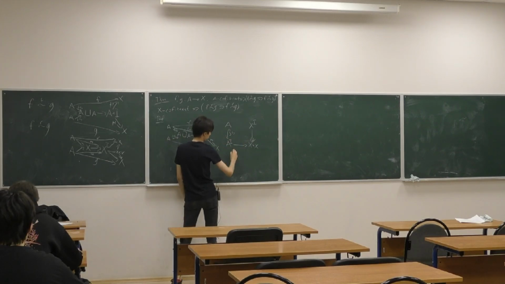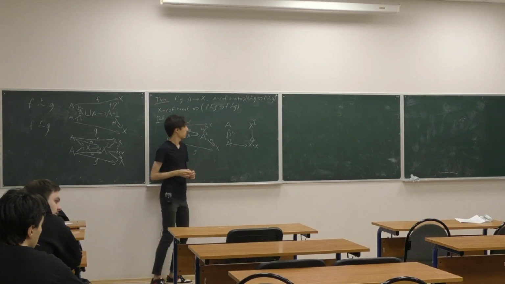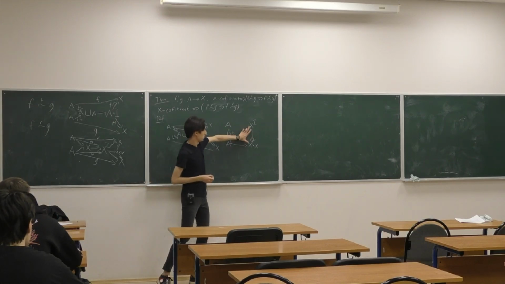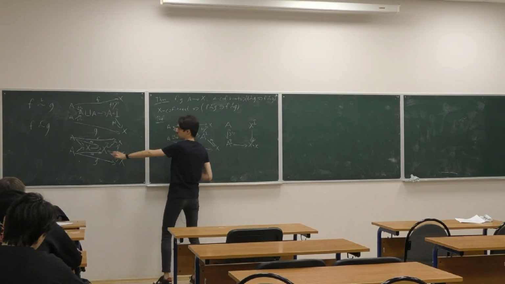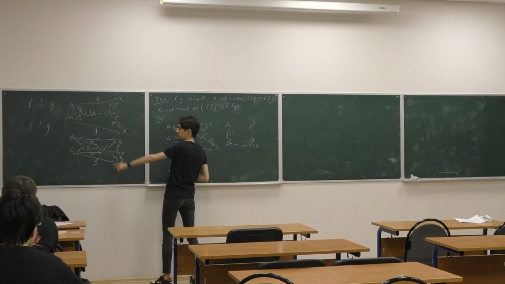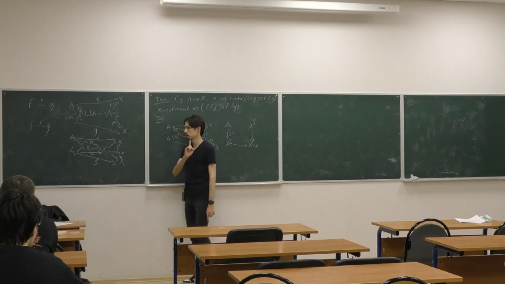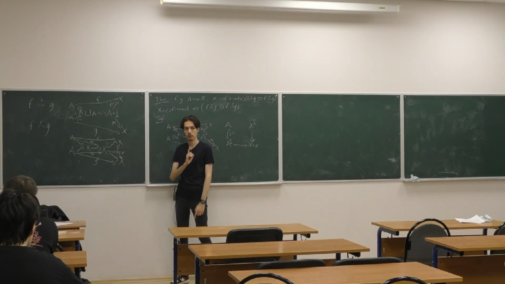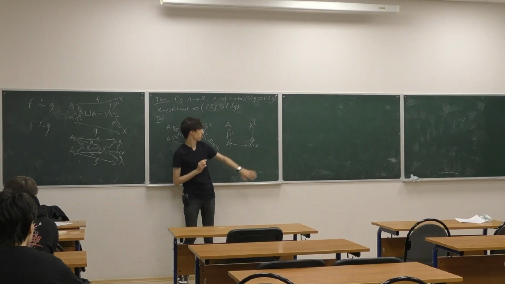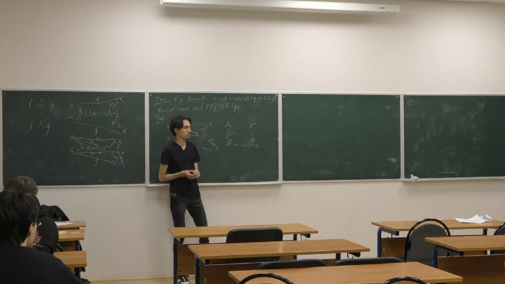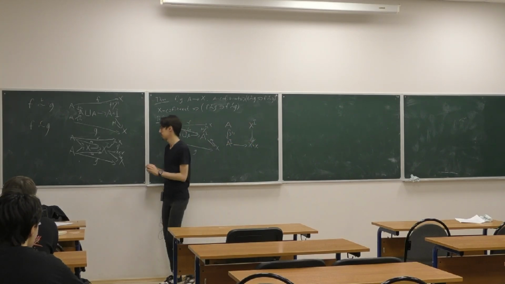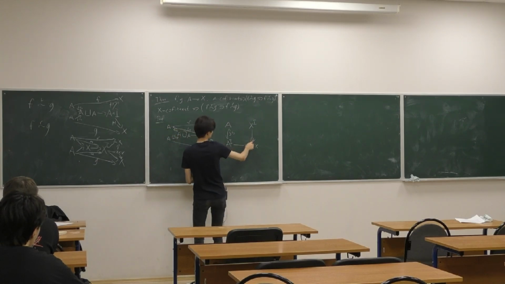The first one is just this, from the definition of path object, of the good path object. Yes, so we take this as a good path object. Okay, so here it is a fibration.